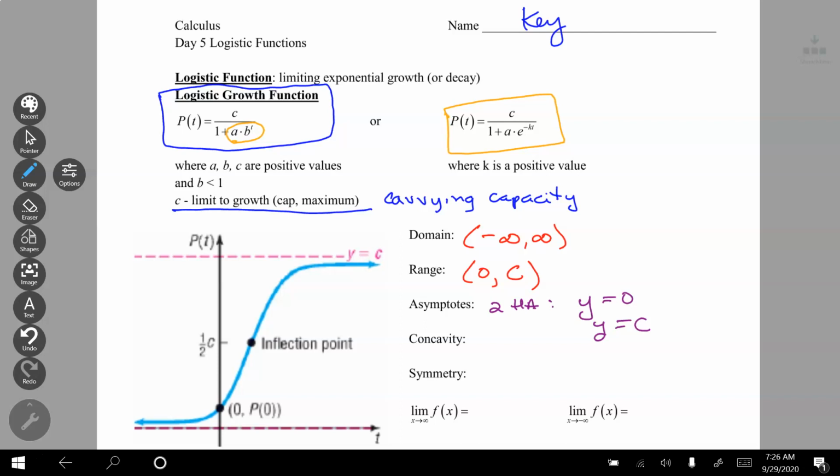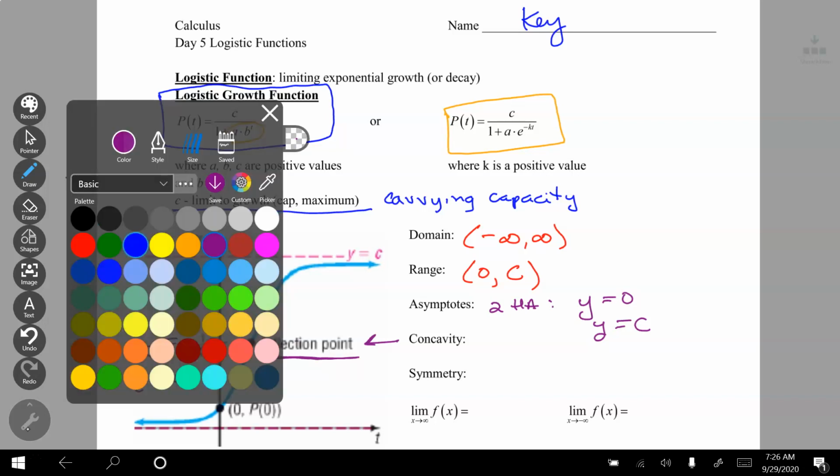We do have concave up and concave down. Well, we need to talk about that. The concavity is affected by this inflection point. And the y value of the inflection point is half the max. So I do have concave up and concave down.